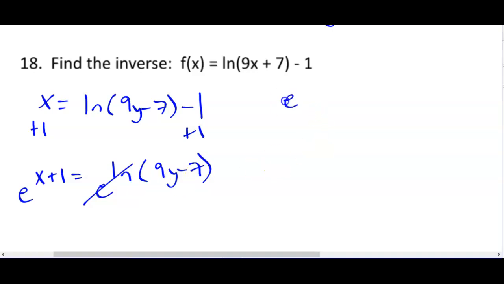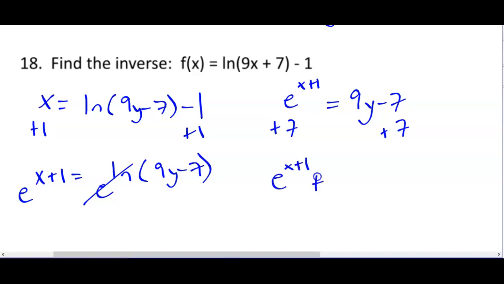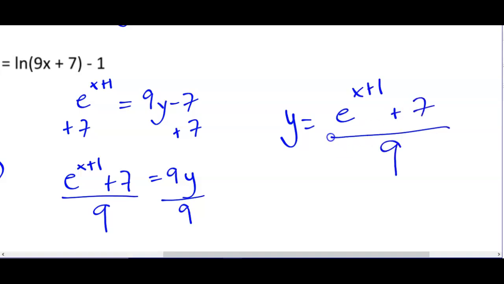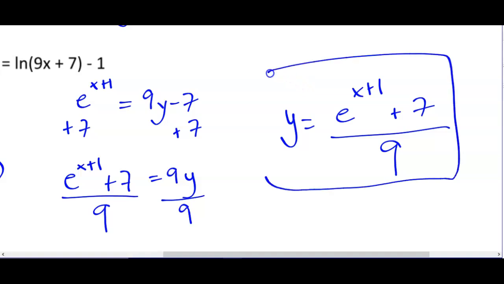So you have e to the x plus 1 equals 9y minus 7. And so we add 7 on both sides. So that's e to the x plus 1 plus 7 equals 9y. And then we'll divide by 9 on both sides. And we can conclude that y equals e to the x plus 1 plus 7 divided by 9. And that is the inverse.